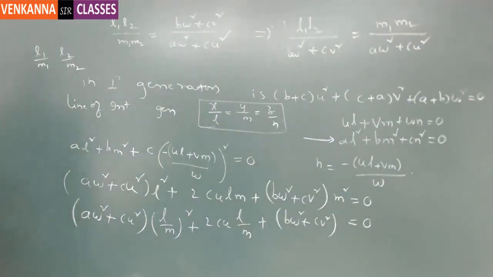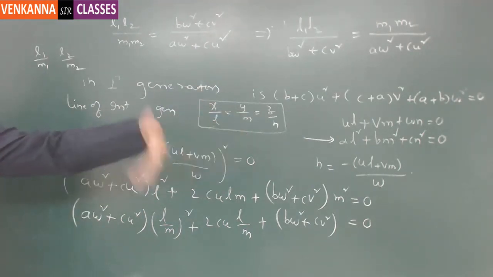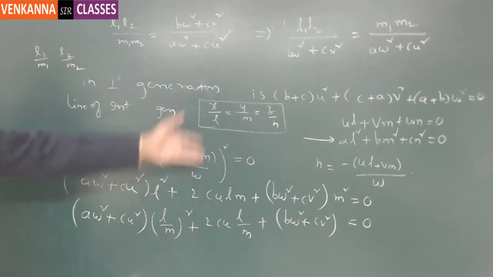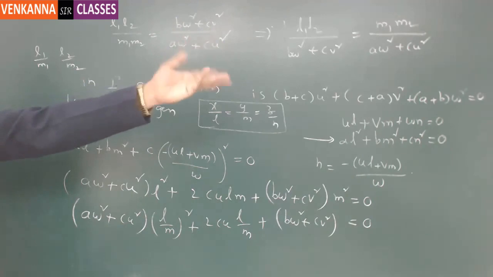As per our discussion, apart from eliminating the parameter n, if you eliminate any other parameter, you can have a similar kind of equation with other terms, m, n or l, n.